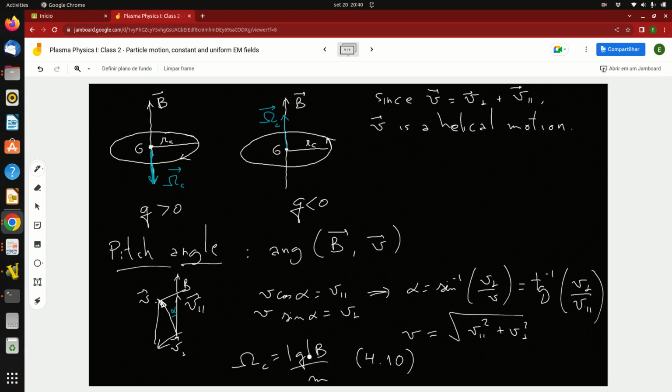We'll use it later. This is the Larmor frequency, also called cyclotron frequency. If you have an electron spinning around a magnetic field, we call it the electron cyclotron frequency.